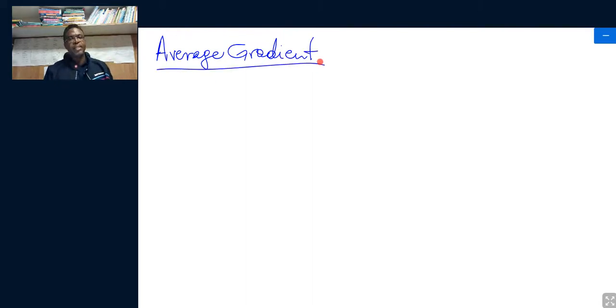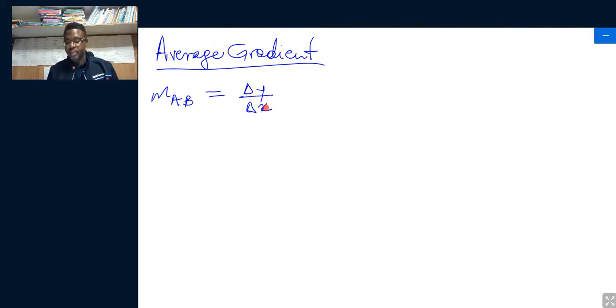Average gradient. This is the topic on average gradient. We are learning to calculate the average gradient. There is a formula for average gradient. Let's say the gradient of line AB is equal to change in y over change in x.